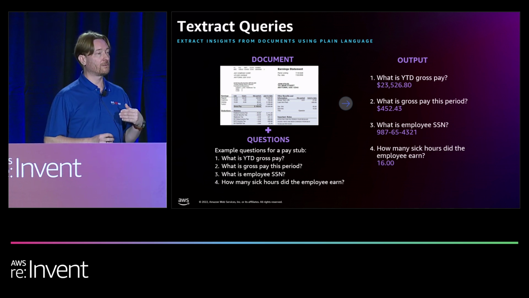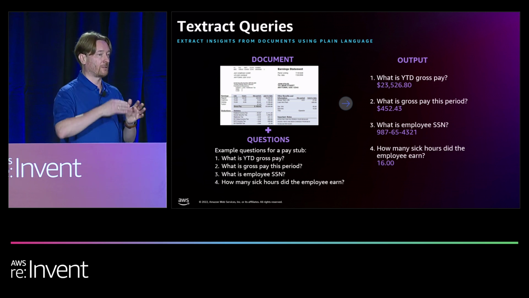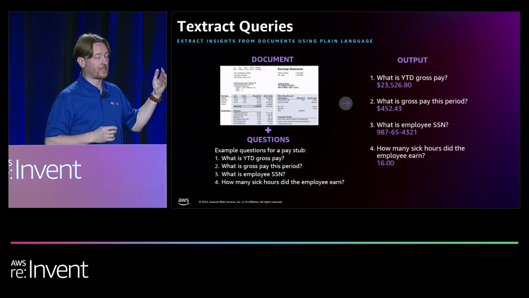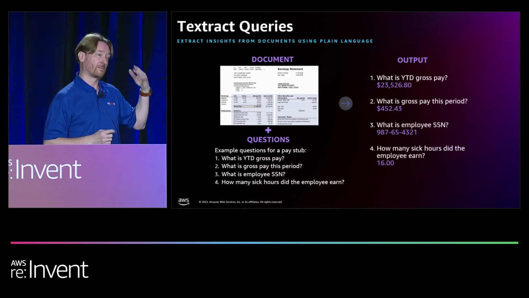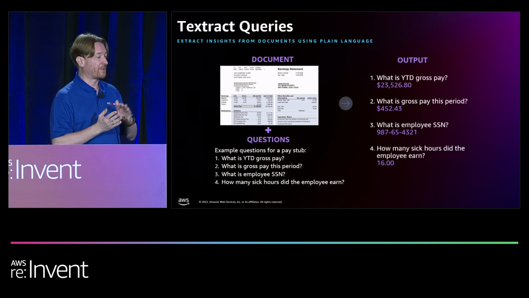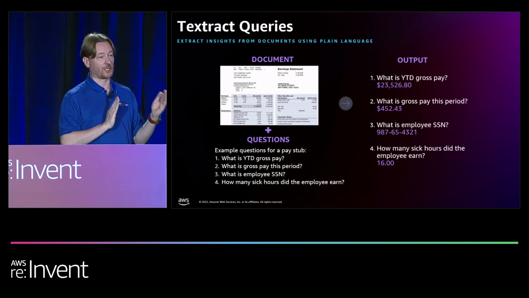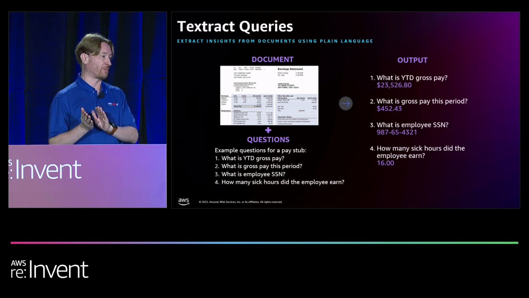So what you can do with Textract Queries is that you don't need to know the structure of a document. You can extract information using forms and tables from Textract, but you need to do it manually. With Textract Queries, you just provide your question in plain English text, and you get the response back.